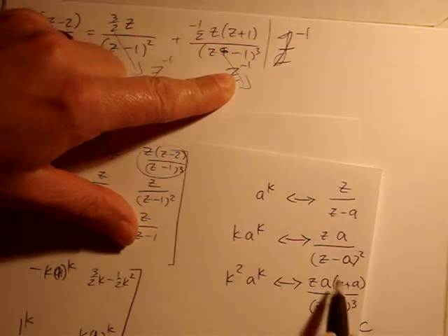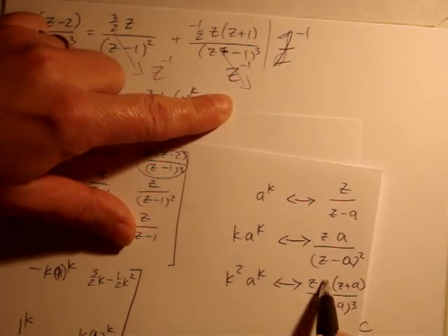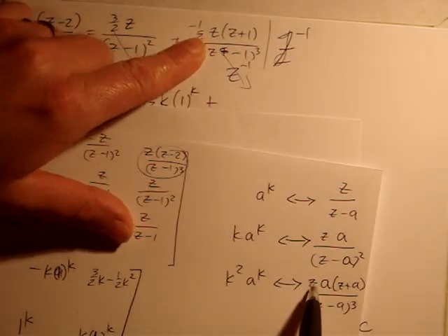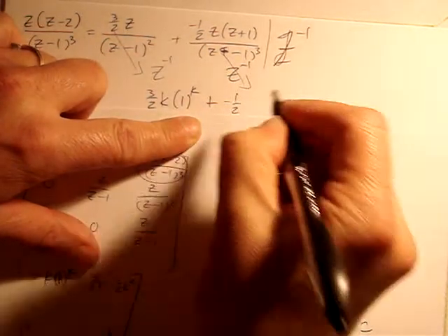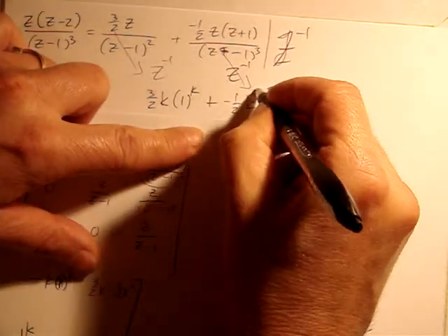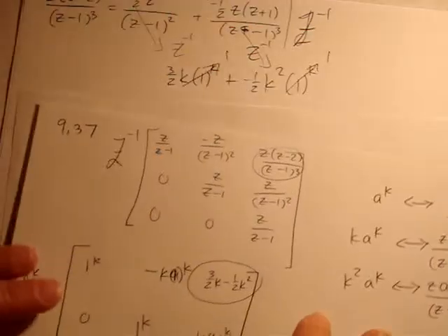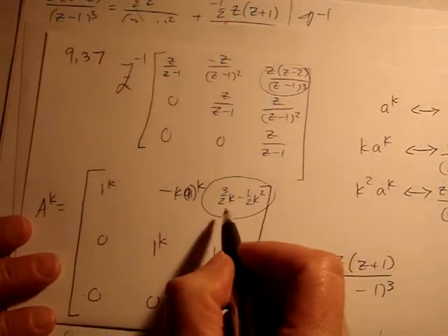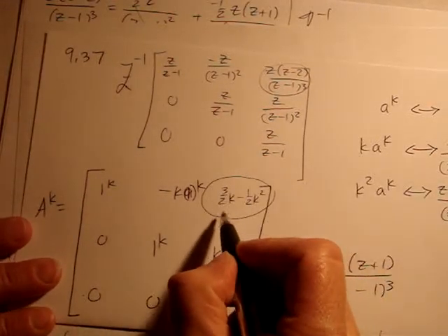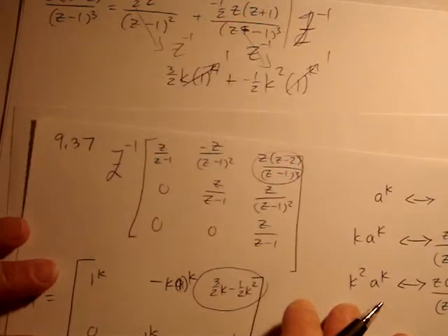We have it in a form kind of like this. Remember, A is 1, so we have a Z plus 1 over Z minus 1 cubed with a Z here. So we're going to have a negative 1/2 factor, and then we're going to have K squared A to the K, 1 to the K. And so our A matrix 1,3 term becomes 3/2 K minus 1/2 K squared.